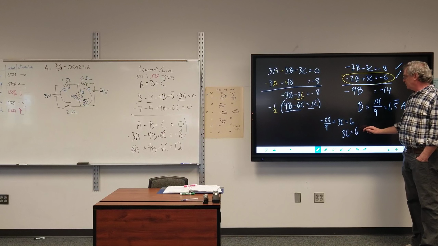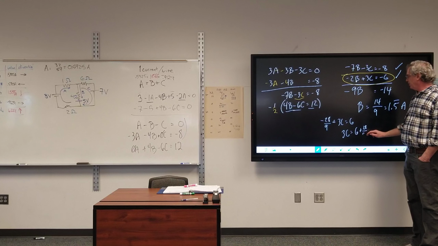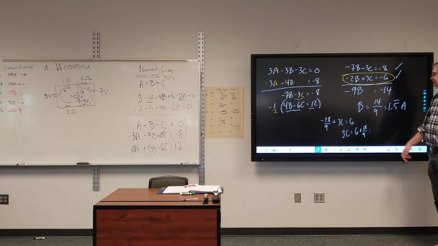3c equals 6 plus 28/9. So that's 54 plus 28. Oh, that's negative 6. Thought something was off. All right, so negative 54 plus 28 over 9, that's negative 26 over 9, which is equal to 3c.